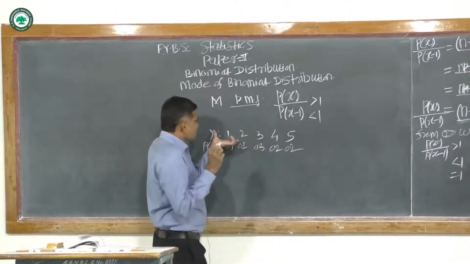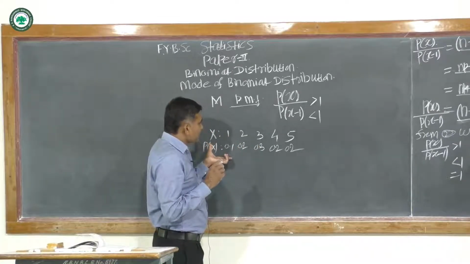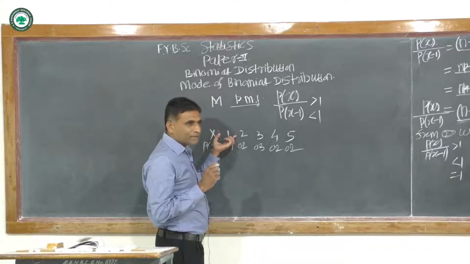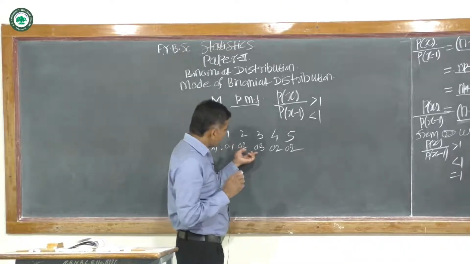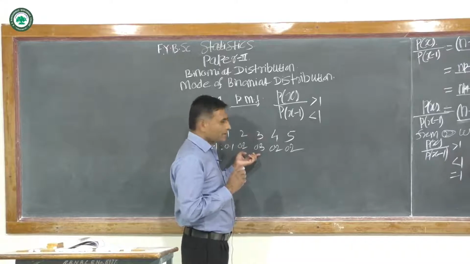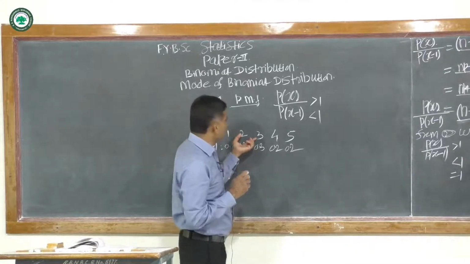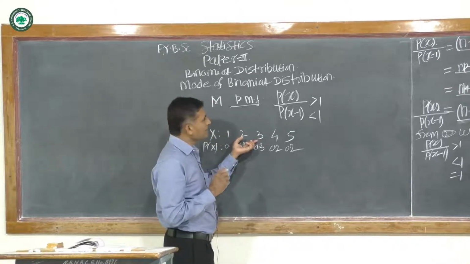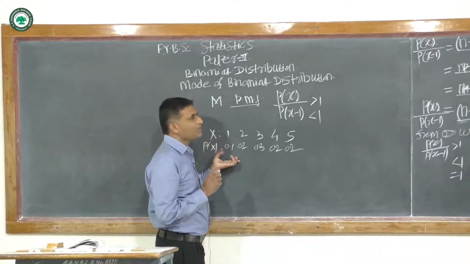Then the mode of this probability distribution is the value of x corresponding to the maximum probability. Here the maximum probability is 0.3 and the corresponding value of the random variable is 3. Therefore the mode is 3. In this way we can obtain the mode of the given probability distribution.